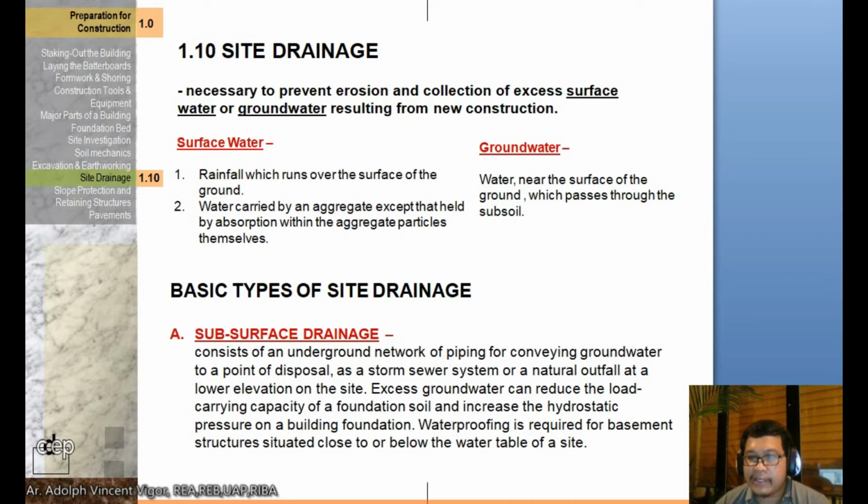In my experience, class, a little more than a decade ago, when we did some digging on the site during the construction of a housing project in Hasaan, we discovered that the site was filled with water. So we had to redesign the foundation, because if the area is wet, there's a tendency that your building might sink.